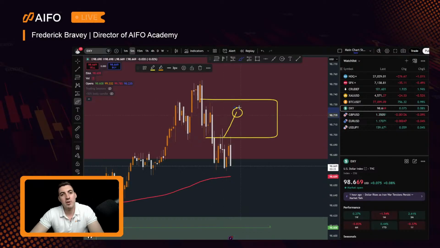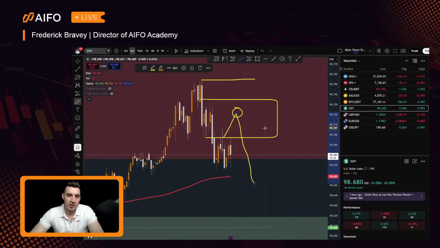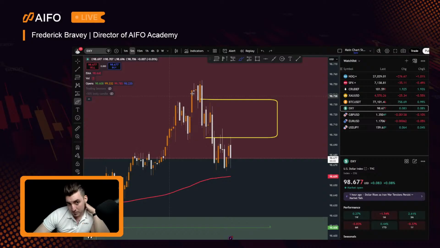Would have been nicer if the DXY came back for that retest a little bit deeper, obviously not breaking this high. And then we would have seen quite a nice push into the downside. I think that would have been really nice. That would have been perfect, in fact, for our technicals. Oh dear. I'll leave that up just for now.